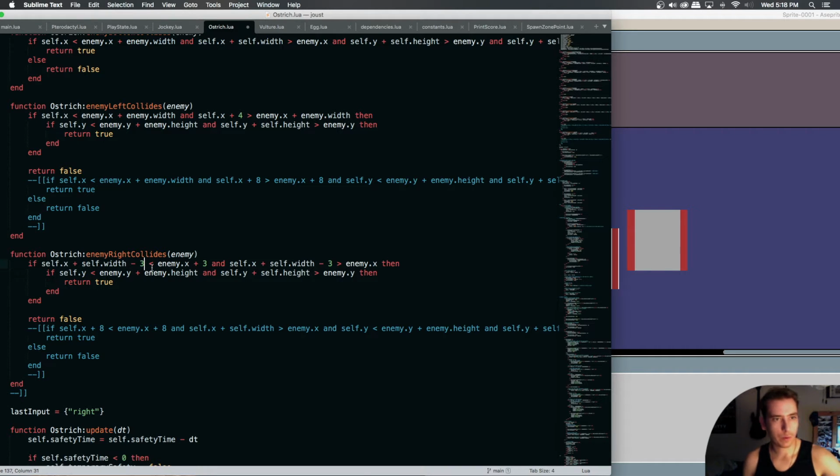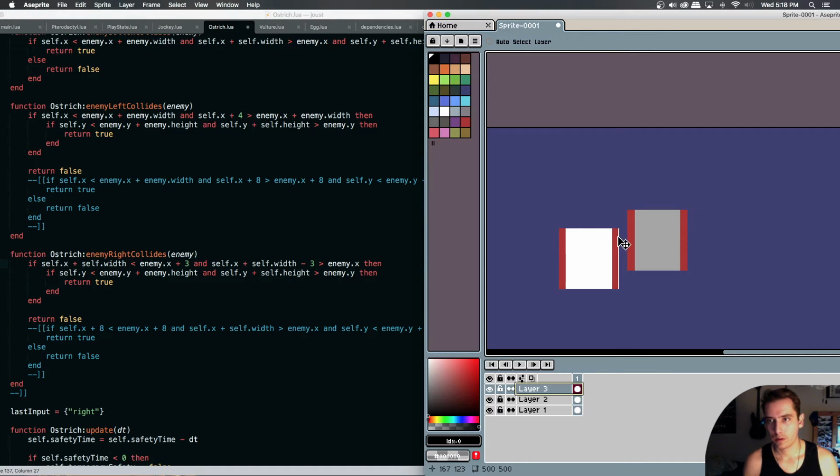So when we're asking the less than, we're making sure that the rightmost side of our self, this line right here, would have to be smaller than the leftmost side. No, hold on. What am I talking about?